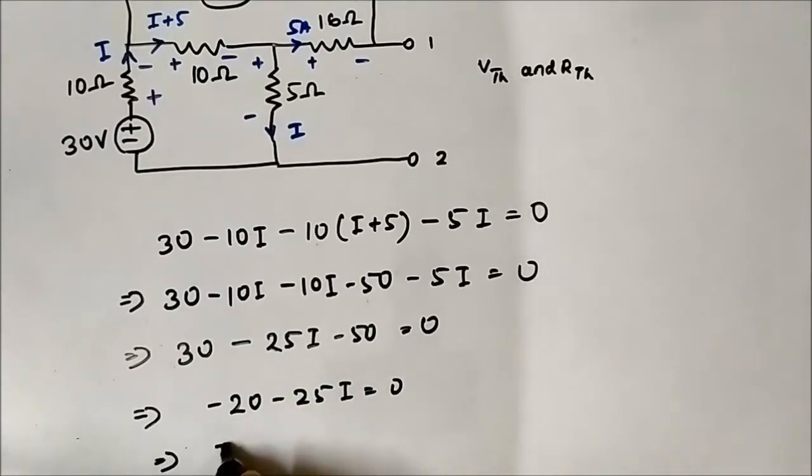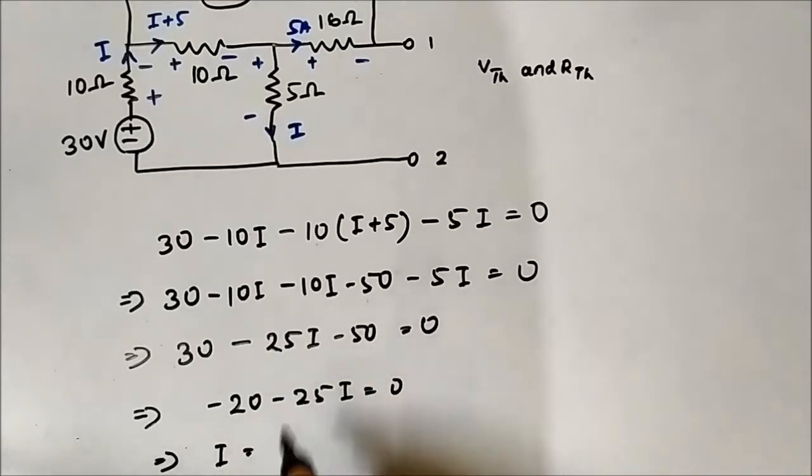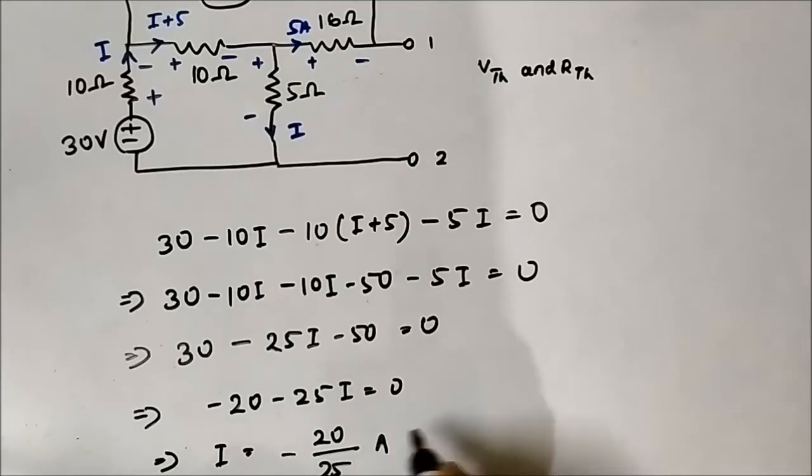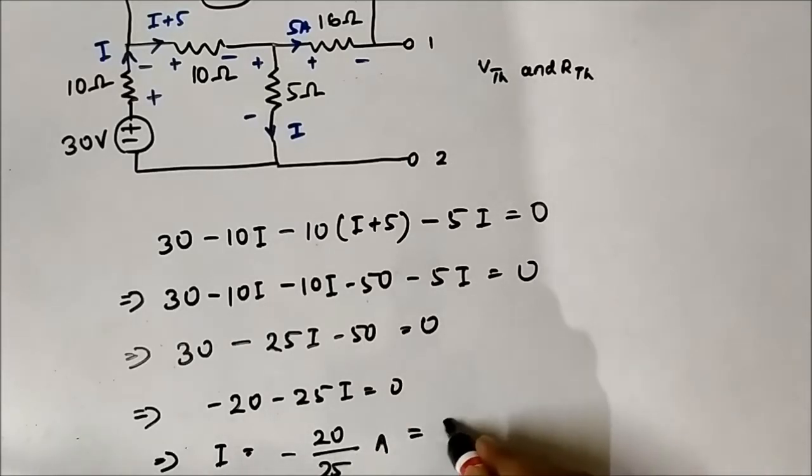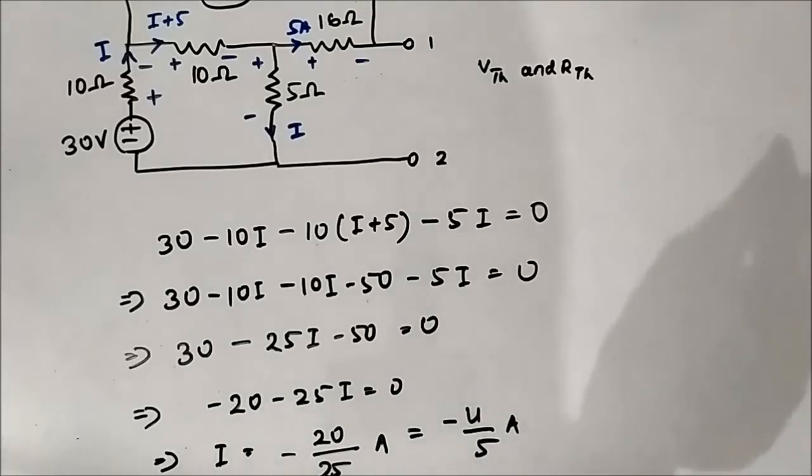That implies I is equal to minus 20 by 25 ampere, or cancelling by 5, minus 4 by 5 ampere.